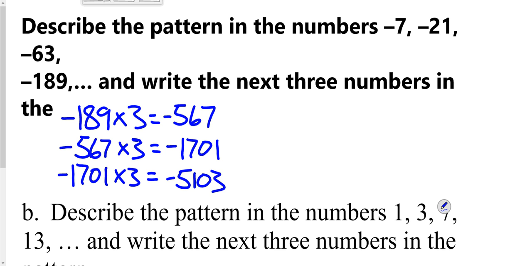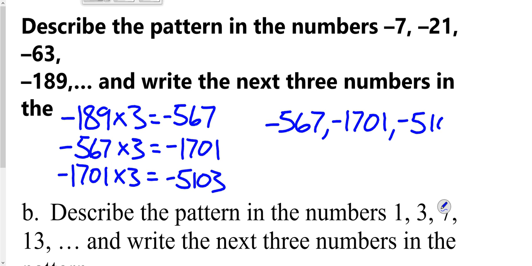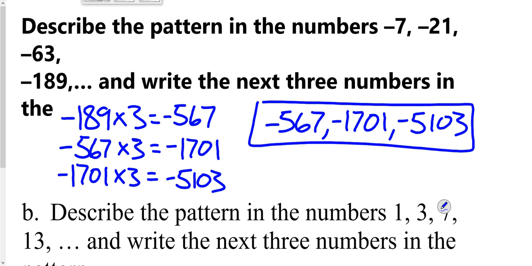So using inductive reasoning, I'm guessing that the next 3 in this pattern are -567, -1,701, and -5,103. And we just multiply by 3 to the previous number.